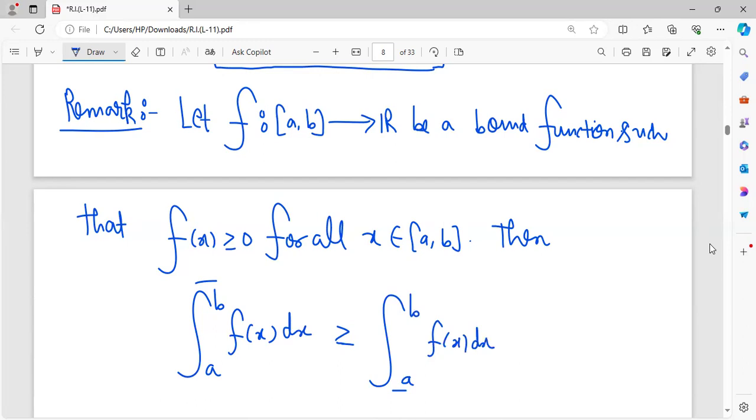So this is non-negative. So we have the derivation. The upper integral will be greater than the lower integral, and the lower integral will also be non-negative. Okay. So this is a bounded function.